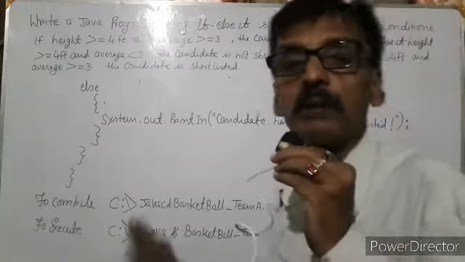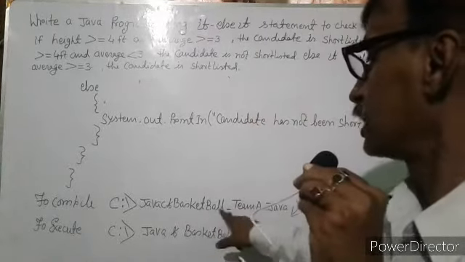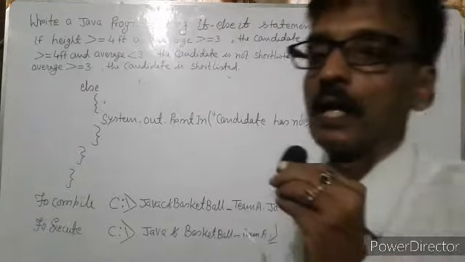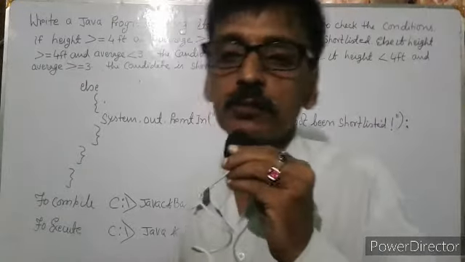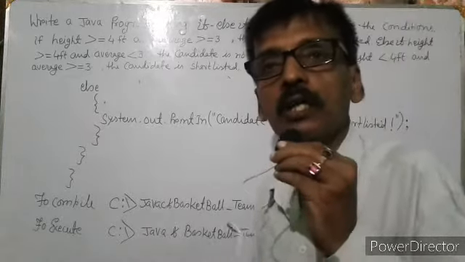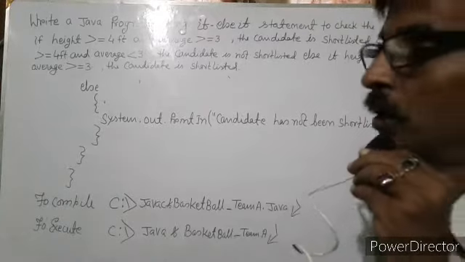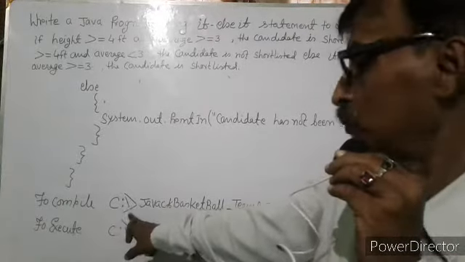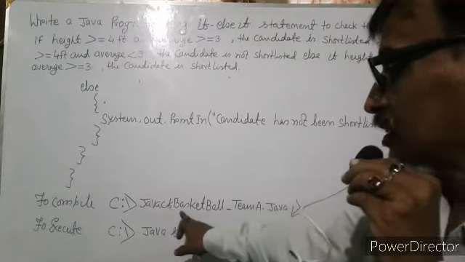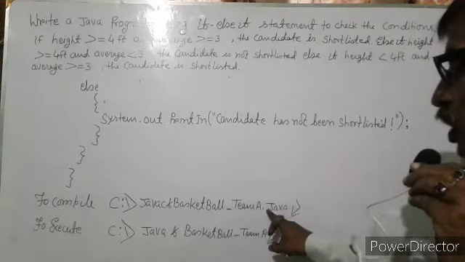As soon as we finish the program, we save it by the name of BasketballTeamA.java and then exit from Notepad and click on the command prompt option of Windows to come to the command prompt and type javac space BasketballTeamA.java.